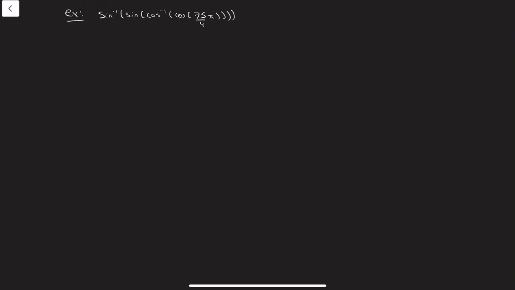We got one more on the outside. So how are we going to do this? Recall the domain of cos is 0 to pi, and the domain of sine is negative pi over 2 to pi over 2. So we need to find values within this domain.